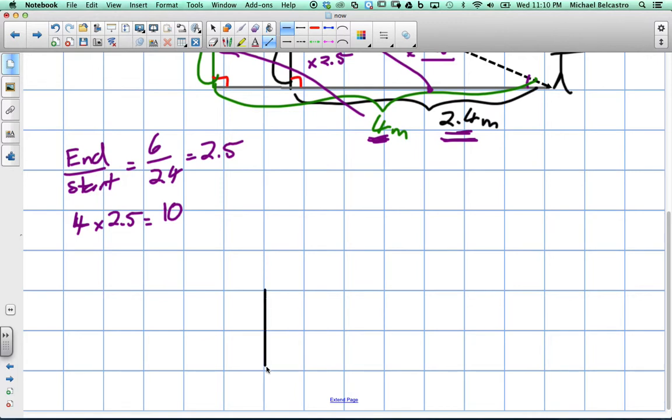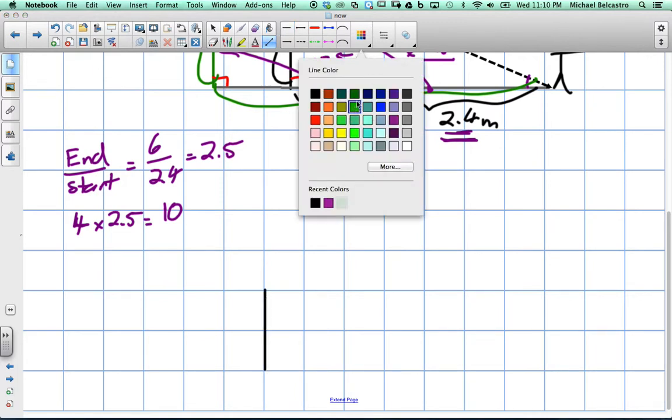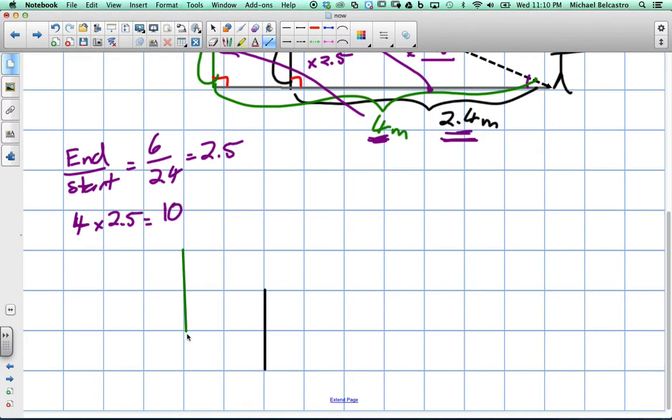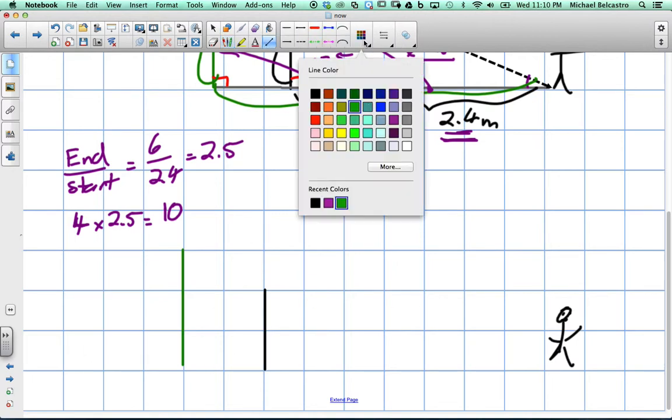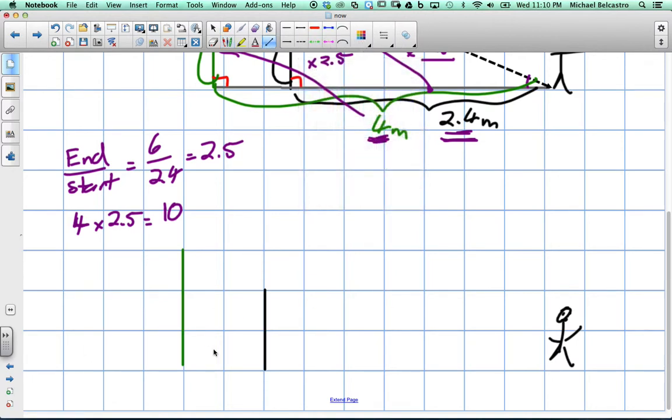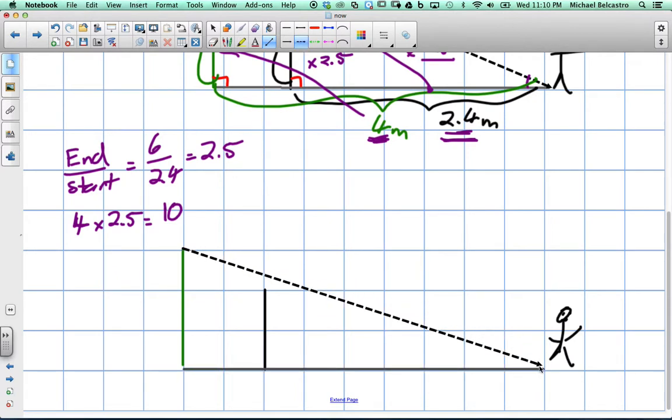Here's our flagpole, our tree, and here we are. I want to show you with this same relationship how we could almost use another scale with this diagram. Again, here's our flagpole, here's our tree.